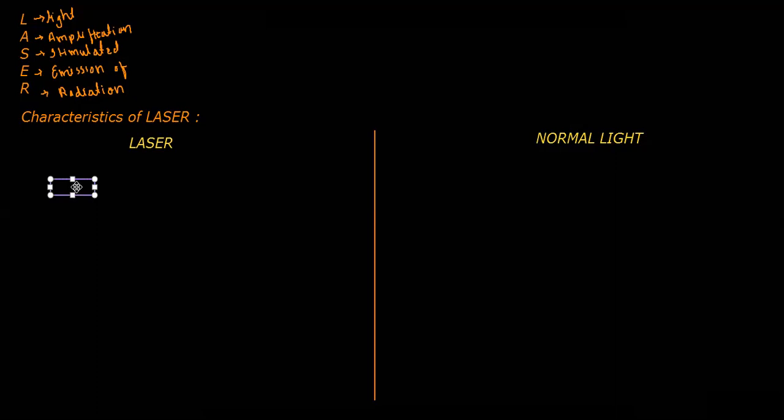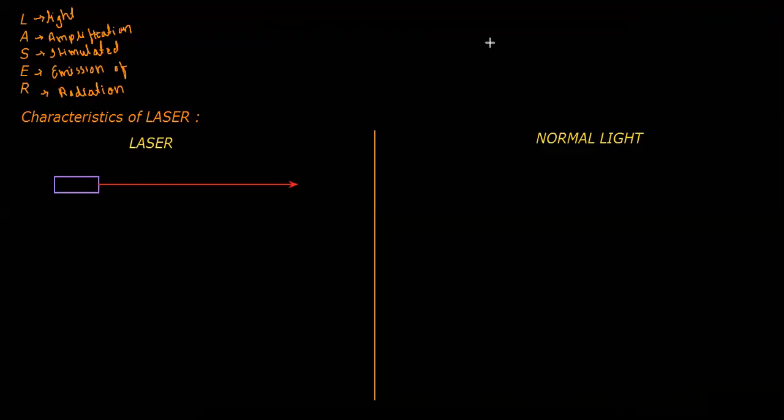Let's say this is a laser. This way light comes out in a particular direction. Now this is for the laser, and let's talk about a normal light.